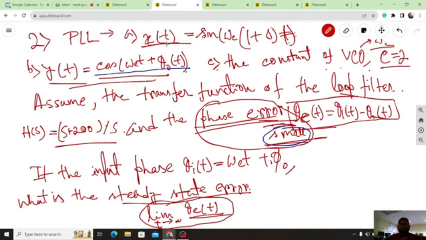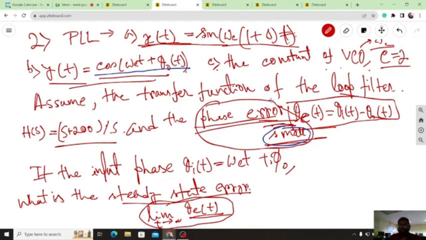Just repeating the question for clarity: we have input signal x of t, that is sine of omega ct plus this sort of input sequence, and output is cos omega ct plus theta 0 of t, and other things remain unchanged from question number 2.